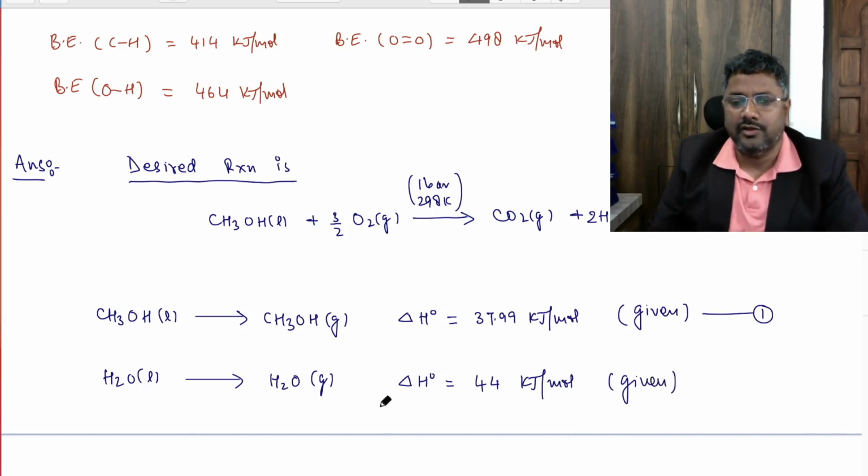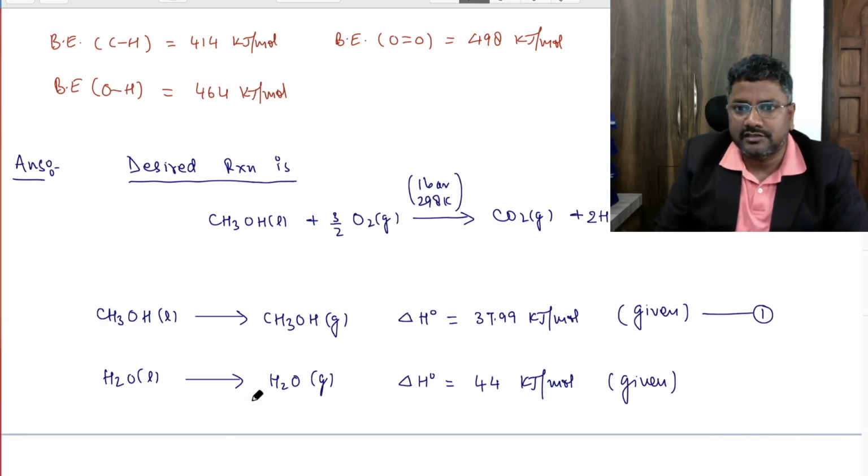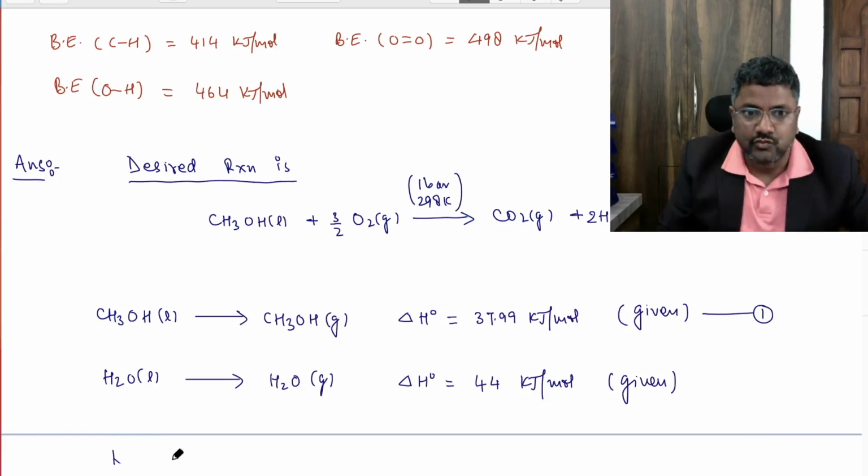But I am not going to write this as equation 2. See here, in the right hand side we want liquid, so I am reversing this equation. So I am multiplying with 2.